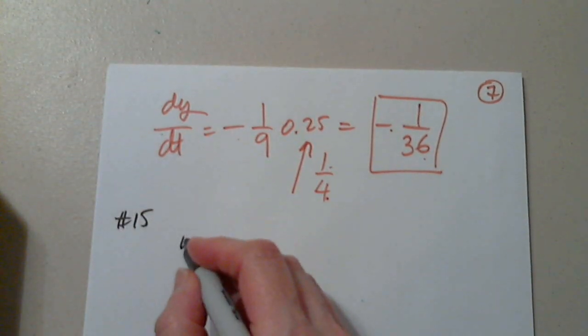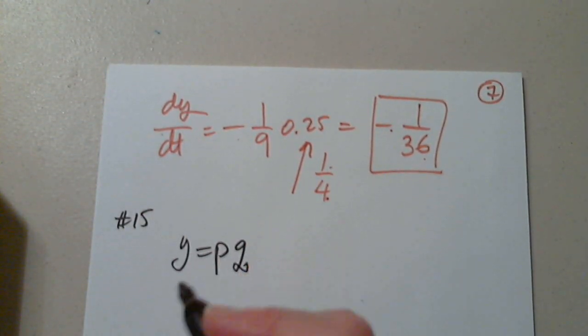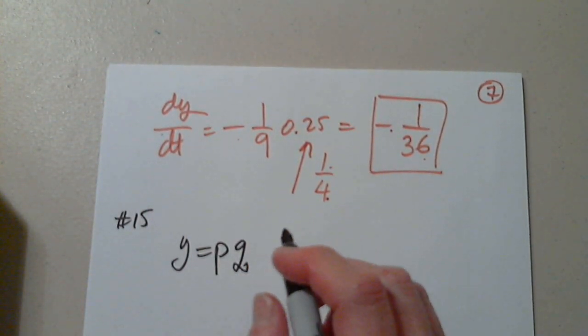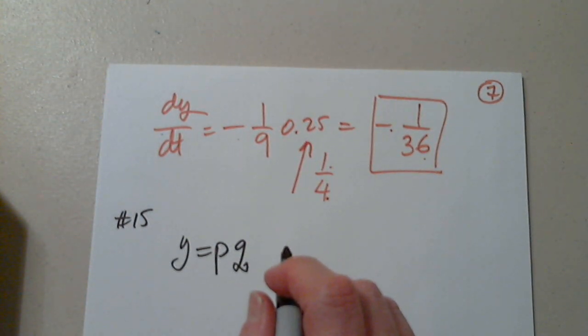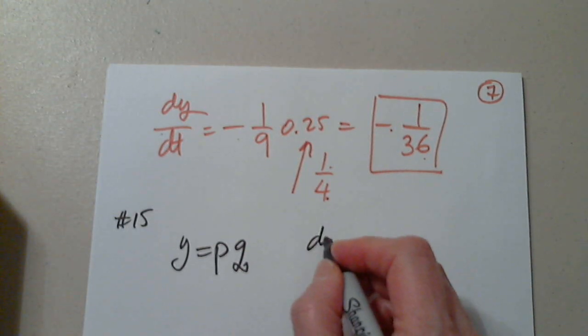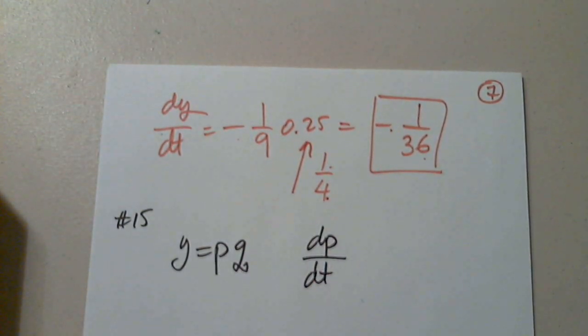So given y equals pq, they're getting innovative with these letters. There is no need for that, but that's fine. Find dp over dt. So let's stop for a moment. What does this mean?